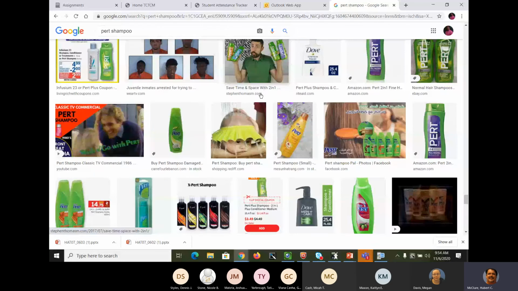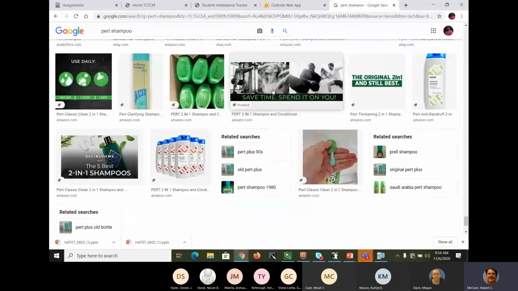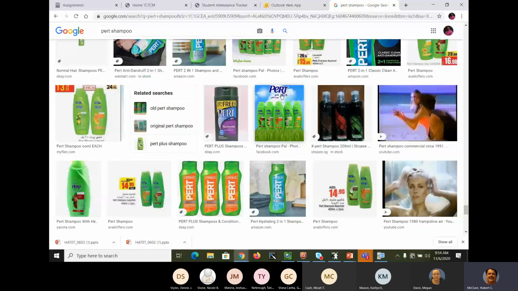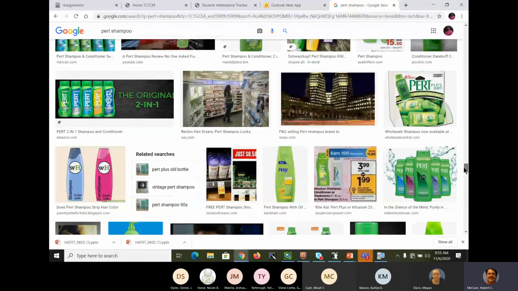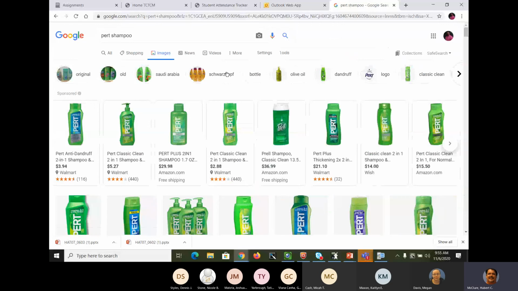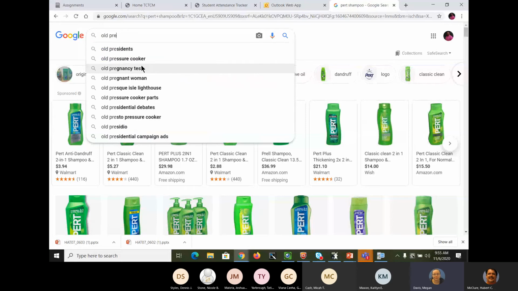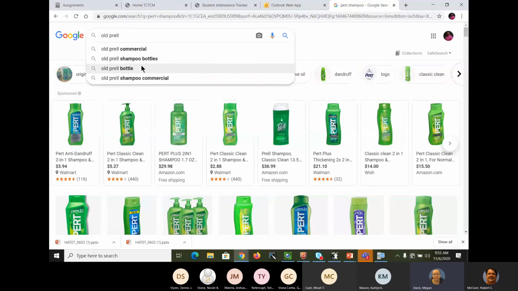I was looking for the old bottle of Prell. If you ever seen the old bottle of Prell, you would know what I'm talking about. It used to be a clear bottle, and the shampoo looked like goo because it was so thick. It was almost like the sunscreen after-sun stuff, with the aloe in it. That's what it looked like.